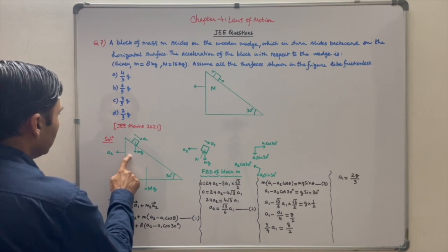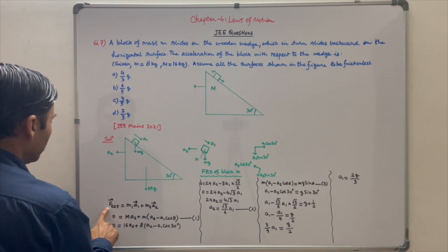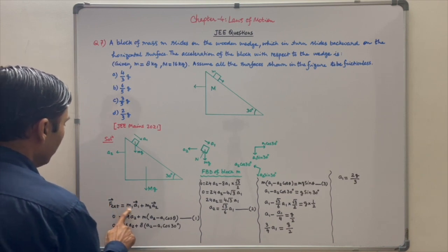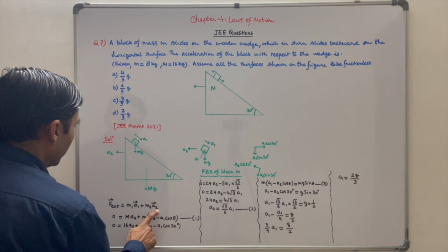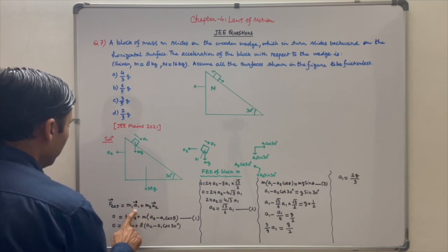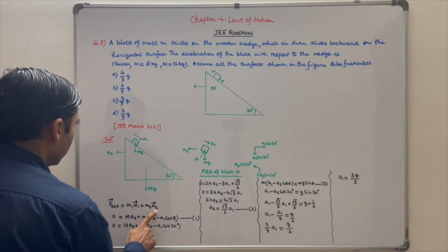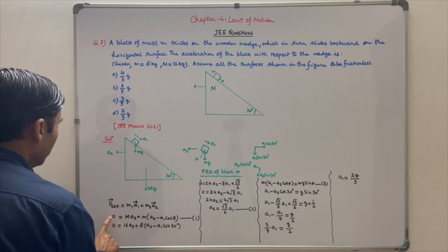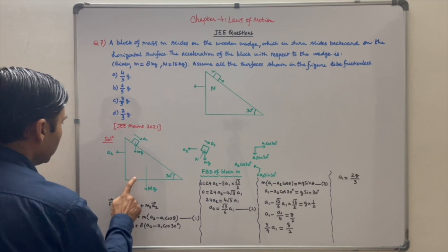These two objects make a system. There is no external force applied on this system. As per Newton's second law of motion, F external is equal to m1 into a1 plus m2 into a2, where m1 and m2 are masses of two objects and a1 and a2 are their accelerations. F external is equal to 0. Let's say first object is this wedge.